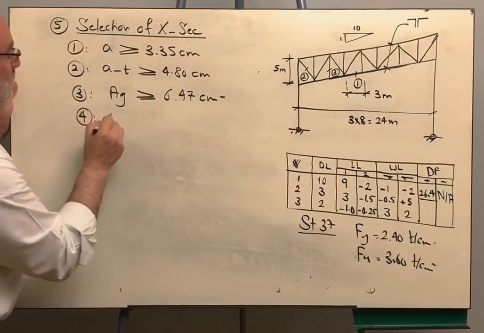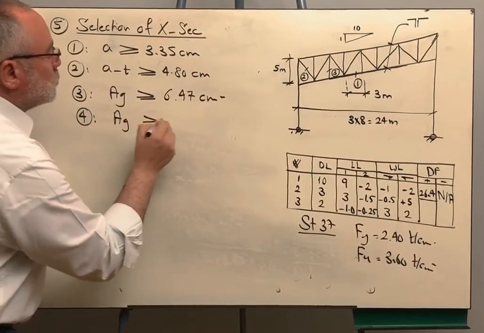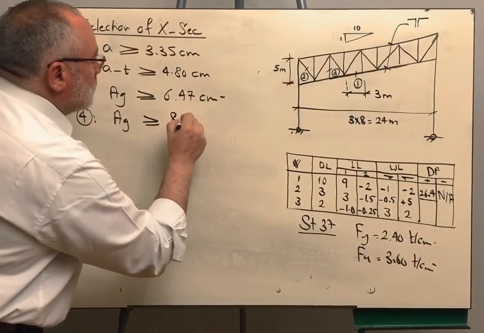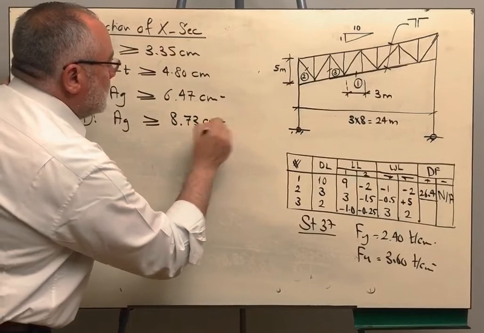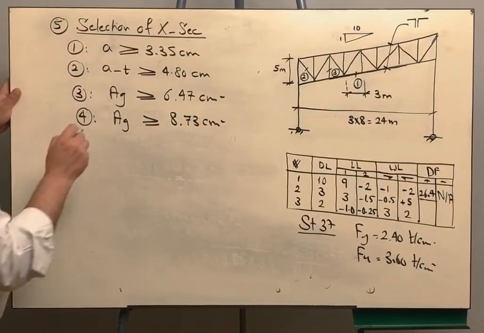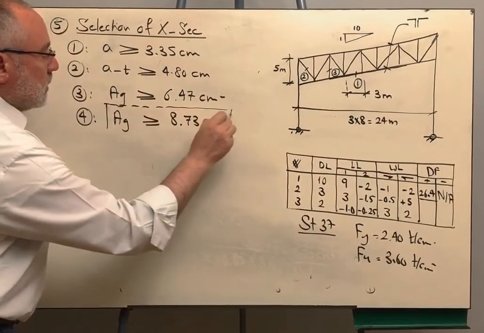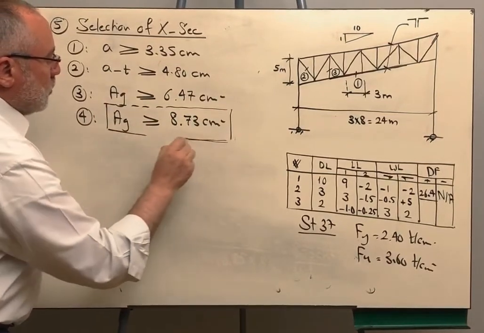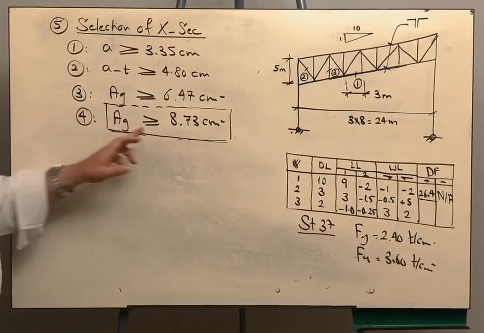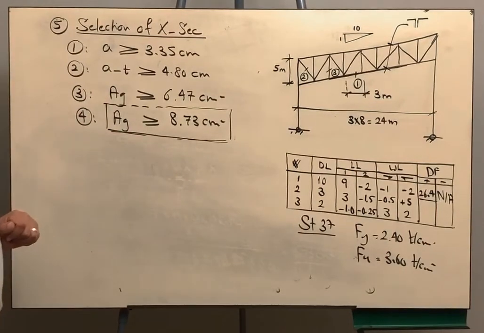And from condition number 4, area gross should be bigger or equal to 8.73 centimeter square. Of course, this condition will supersede because it is requiring more area. So the net section fracture condition will be followed.